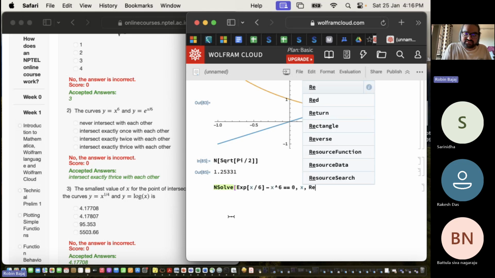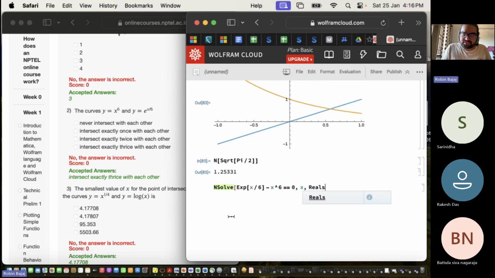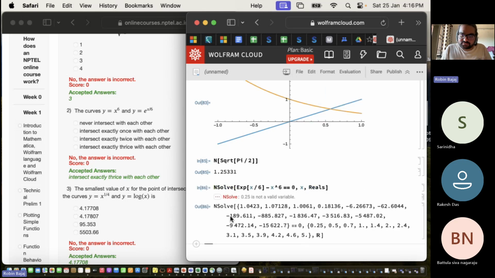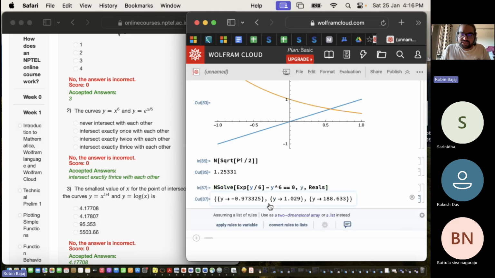But I want the real solution because that's what you see on the graph. So let's do this. Sorry, y. I don't know how to delete that earlier array. Okay, so there are three solutions. So it basically intersects three times.